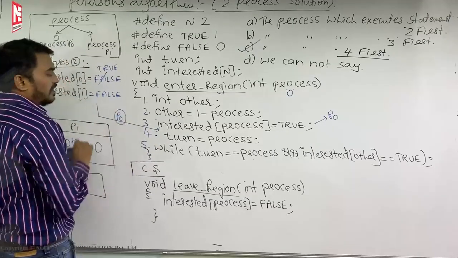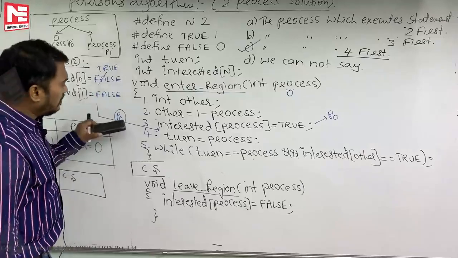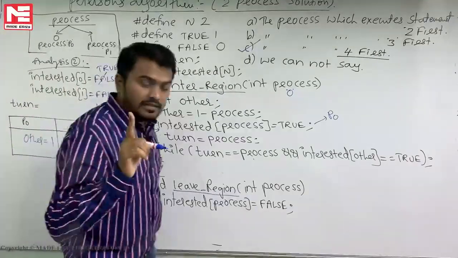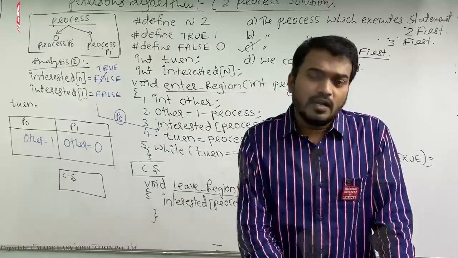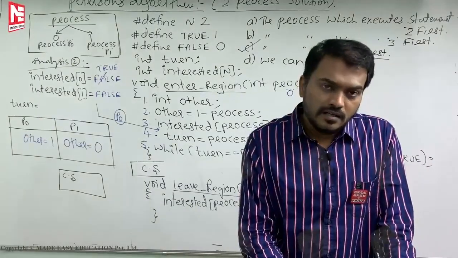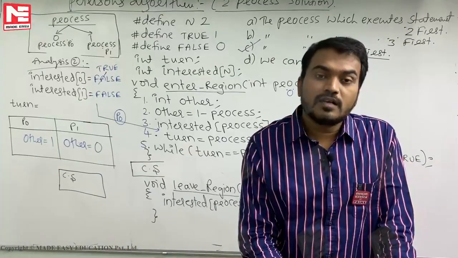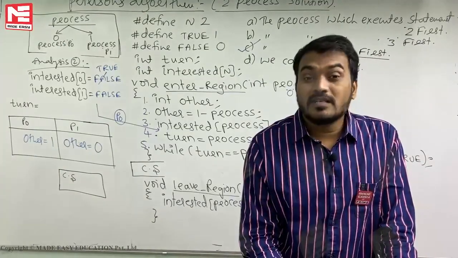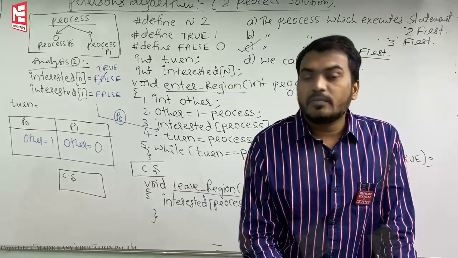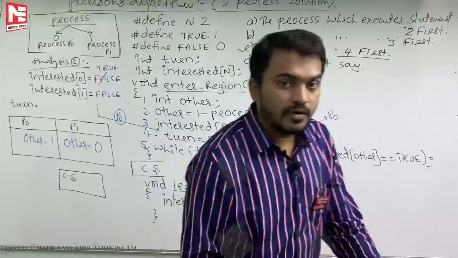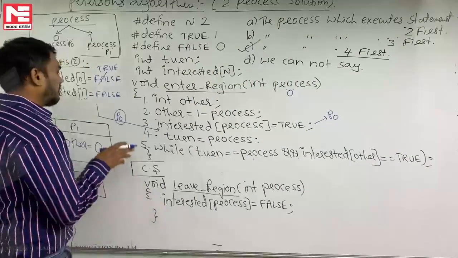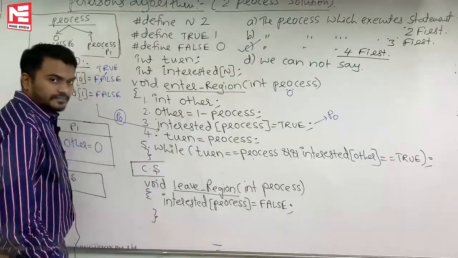I already told you, in the important points from the previous session: preemption may occur at any point of time after completion of the current instruction, but preemption is just a temporary stop. The process will come back and continue the remaining execution. I hope you remember that point. So I am assuming P0 is getting preempted here.